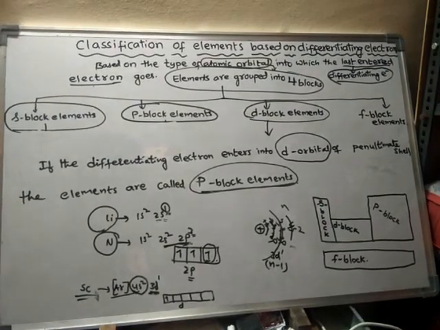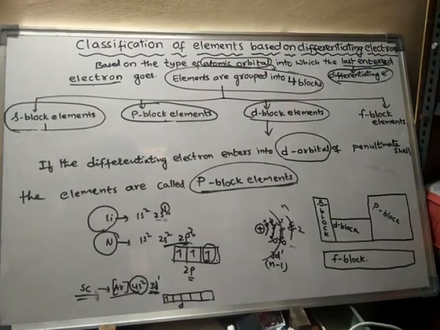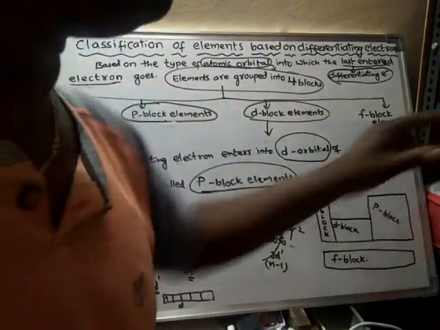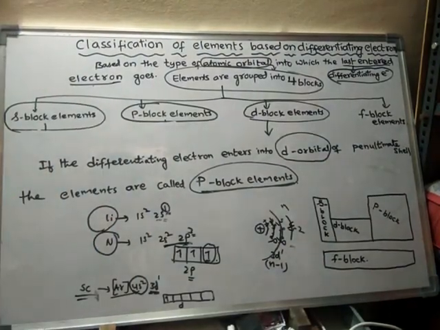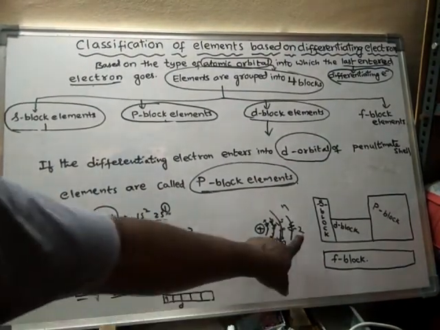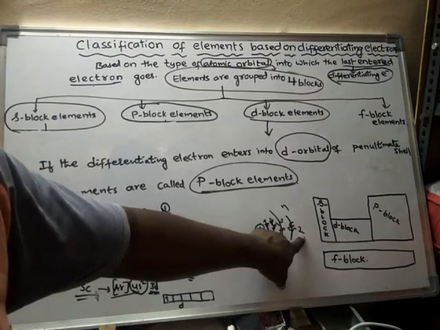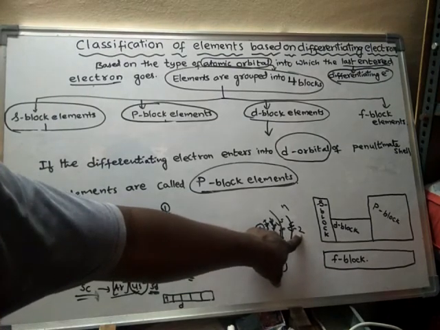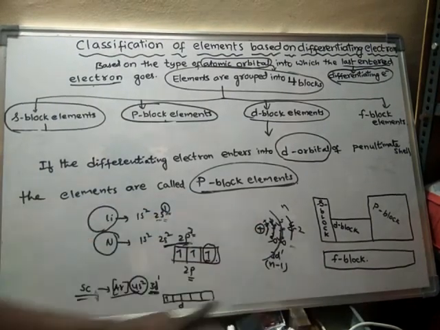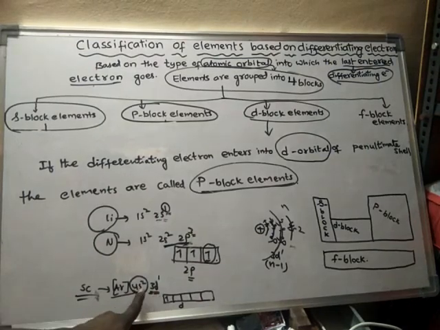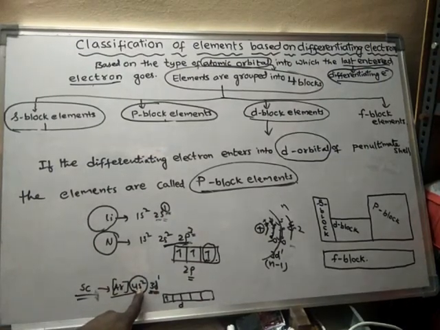So the third orbit is the penultimate shell and the fourth orbit is the ultimate shell. So here the last entered electron, or the differentiating electron, is entering into the third orbit, that means the penultimate shell, not into the fourth orbit. In the fourth orbit also there are electrons, but these electrons are not the last entered electrons. See, before electrons entered into 3d, electrons had entered into 4s.